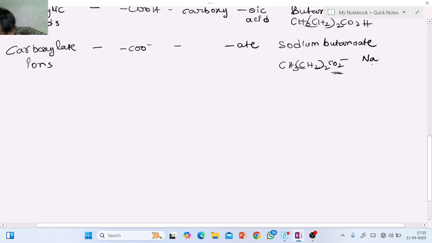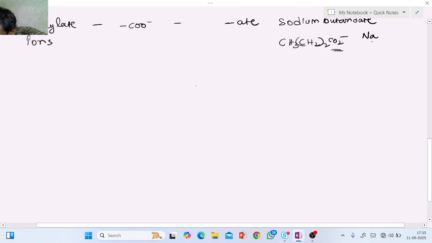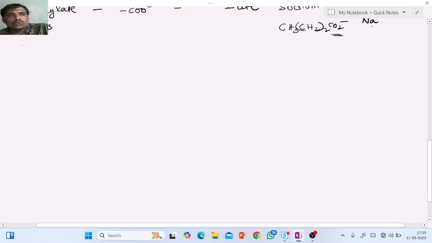And after that, esters. How to represent esters? What is the IUPAC functional group name? COOR. And after that, what will be the prefix?